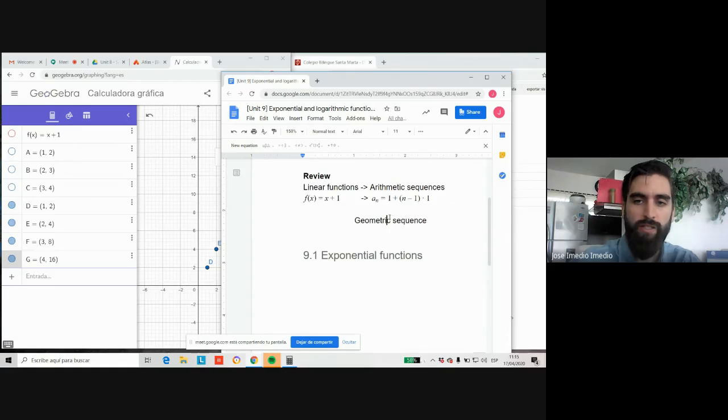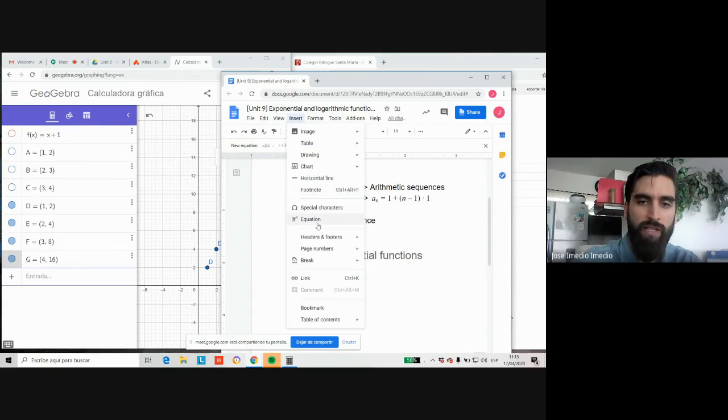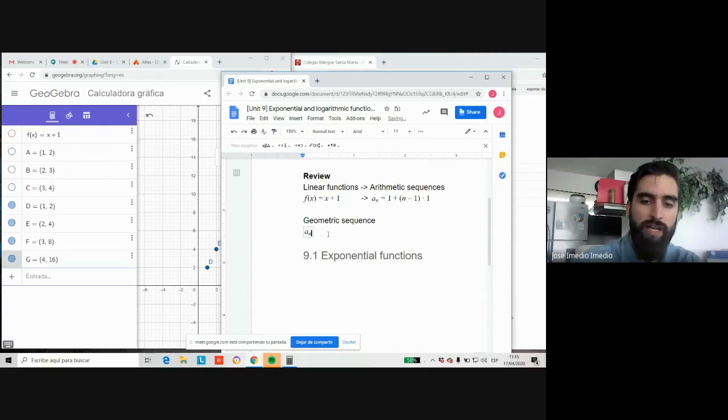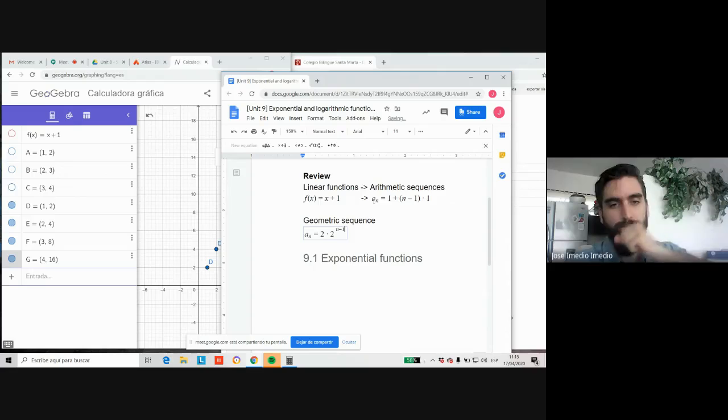And as you know, its equation a sub n is, in this case, 2 times 2 raised to the power of n minus 1.